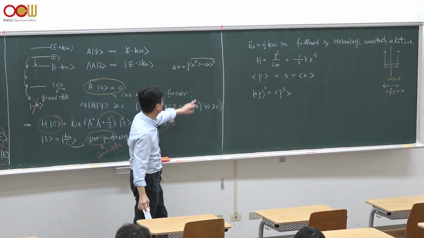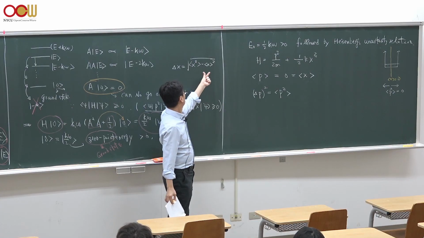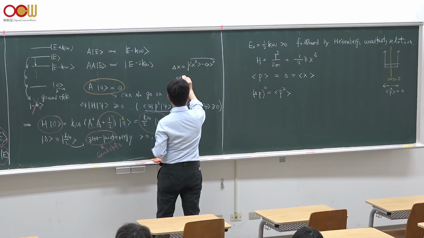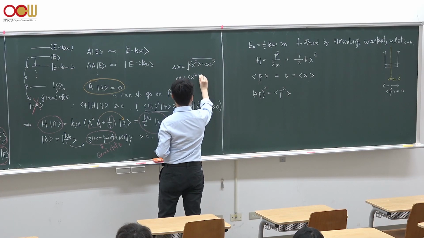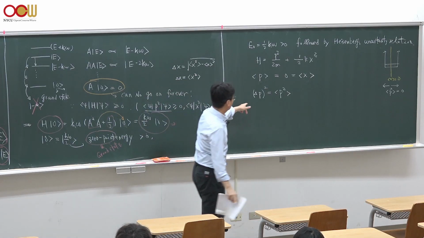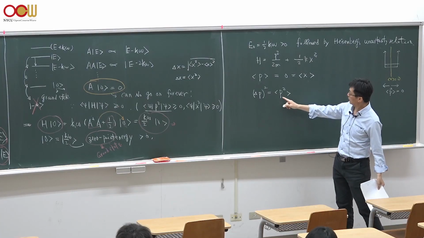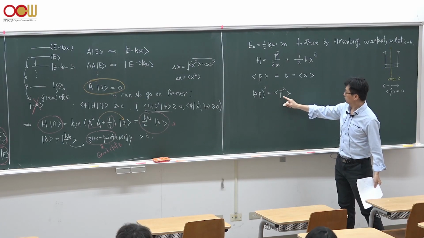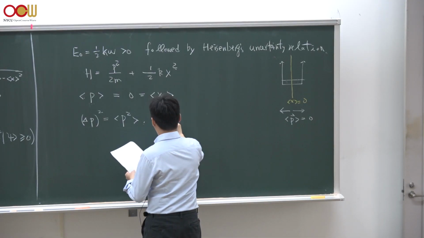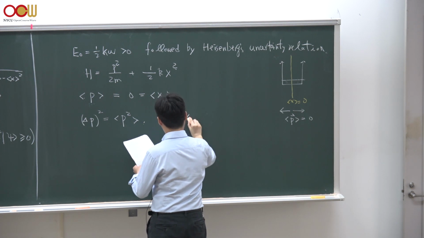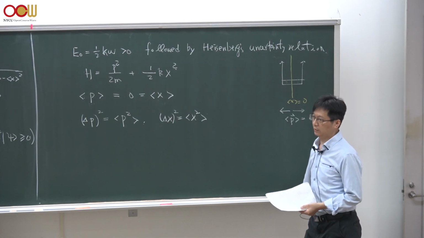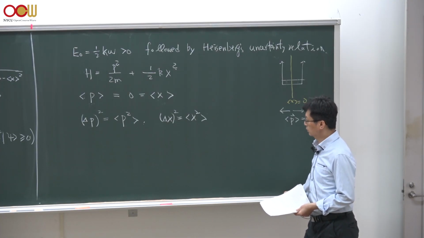If this x average is 0, you take out of the square root, and delta x is the same as the square root of x square average. So this is the same situation right here. When we evaluate this p square average, we effectively evaluate delta p square. Likewise, we could just evaluate this x square average, which is the same as delta x square, in determining the position of the particle.